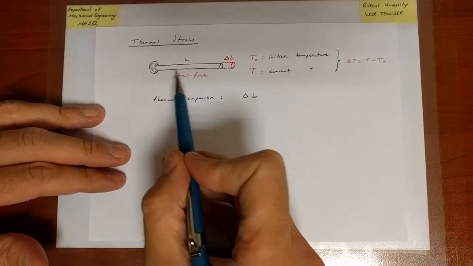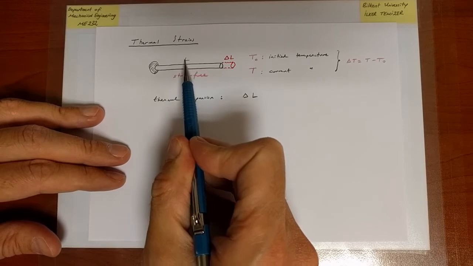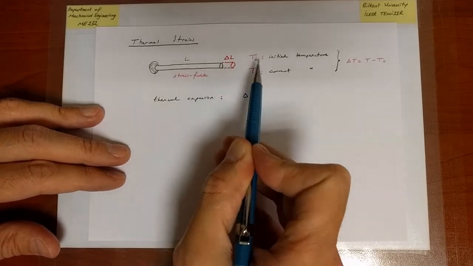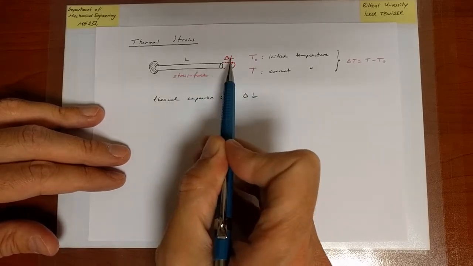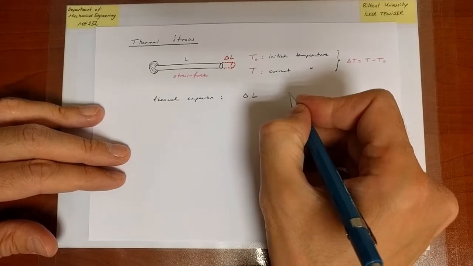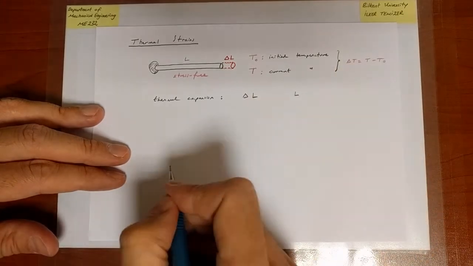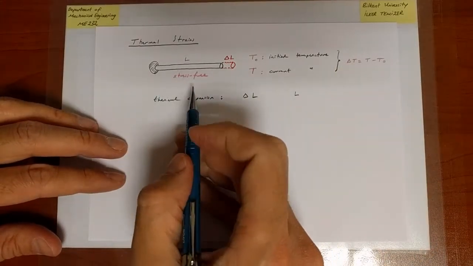So first of all, we can easily observe that if we take a length that is twice, then this thing is going to be twice larger. Half the length is going to be half as large. Okay, so in other words, delta L ultimately is proportional to the original length L of the beam.